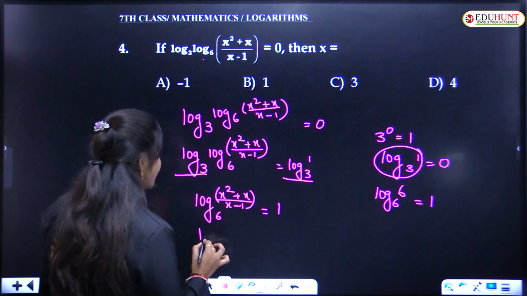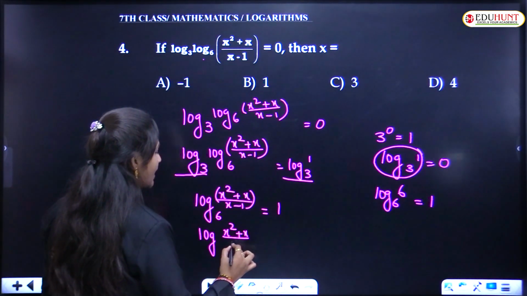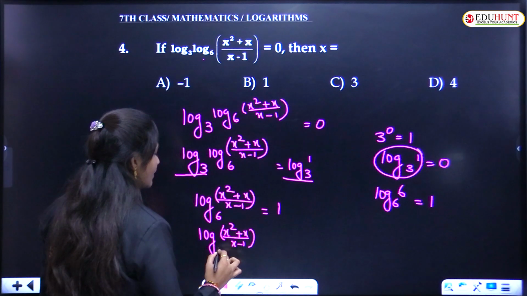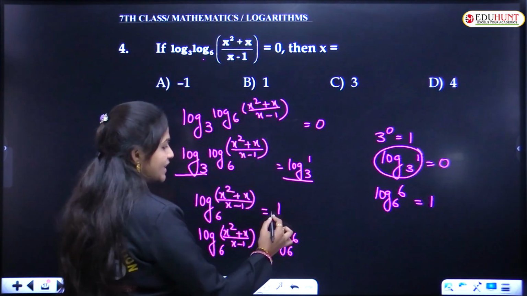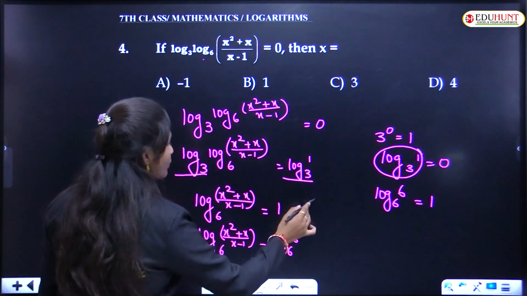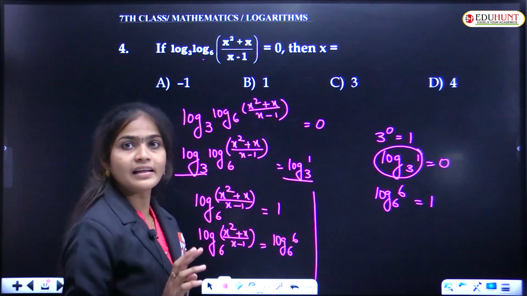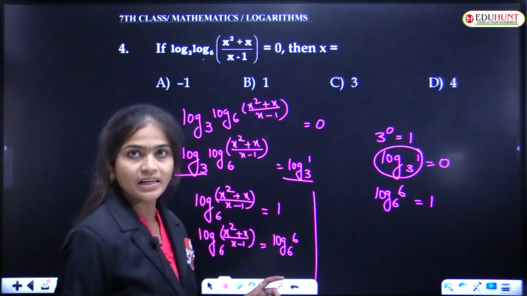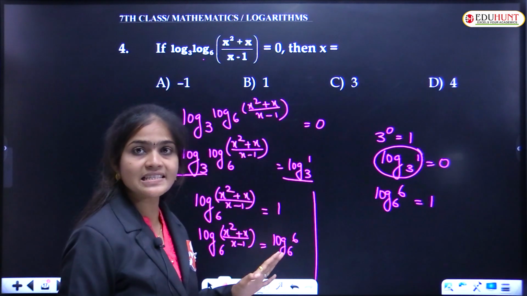So this one we can write as log x square plus x by x minus 1 base 6 is equal to log 6 base 6. In the place of 1, we just substituted that value. Again log 6 is there on both sides of the equal sign, so again we have to remove it, not cancellation.